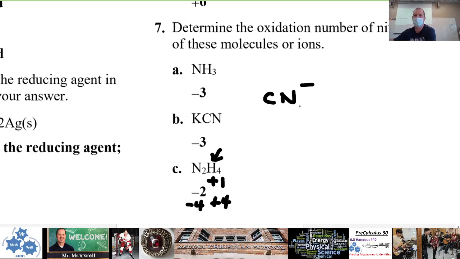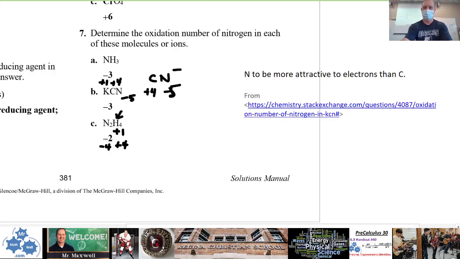So if you focus on the CN -1, then we have +4, and nitrogen would be -3 then, to get -1. No, that's not right. Then +4, that would be +1. KCN, oh, I see. Let's just see. If this was a +1 and this was a +4, this should be a -5. Some of you might have done it that way. If we focus on this, this should be a -5 as well. And I have a -3 there. Okay, so let's go back to the rules. Let's check the rules real quick and see if we can find out why that is.